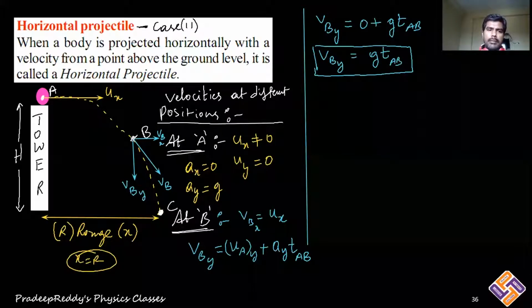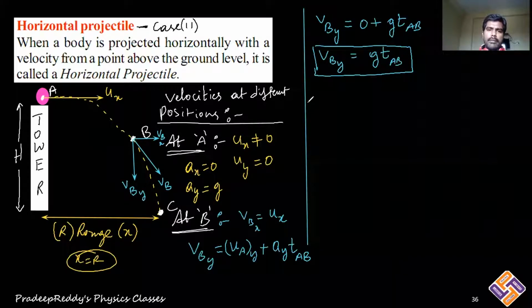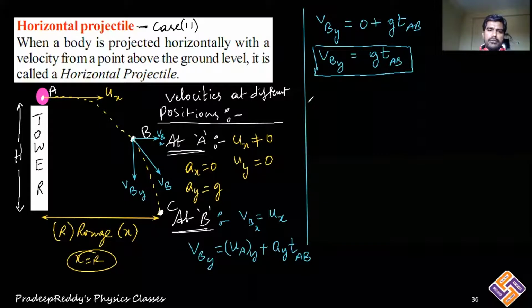When the body is coming down, what should happen to its velocity? Velocity goes on increasing. Therefore, when body is coming from A to B, its velocity increases with respect to time.